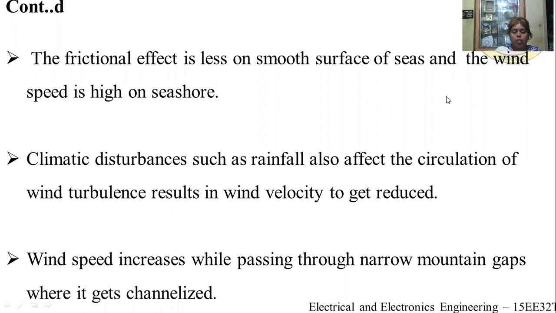Similarly, the next factor is that wind speed increases while passing through narrow mountain gaps where it gets channelized. That is, the speed increases when it passes through the narrow mountain gaps where it gets channelized. So this is another factor which increases the wind speed because of the narrow mountain gaps.